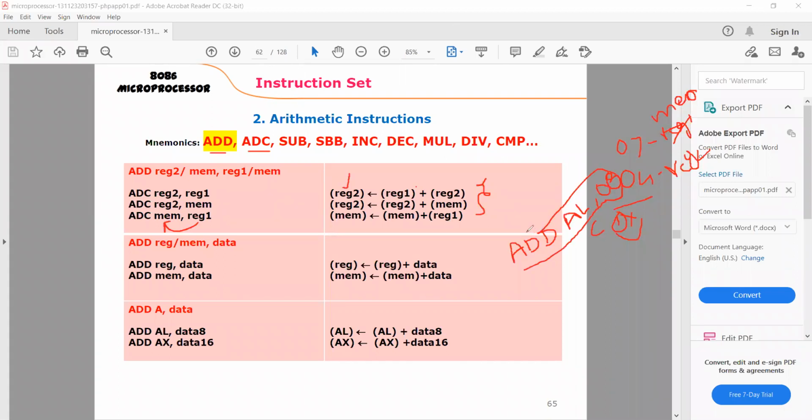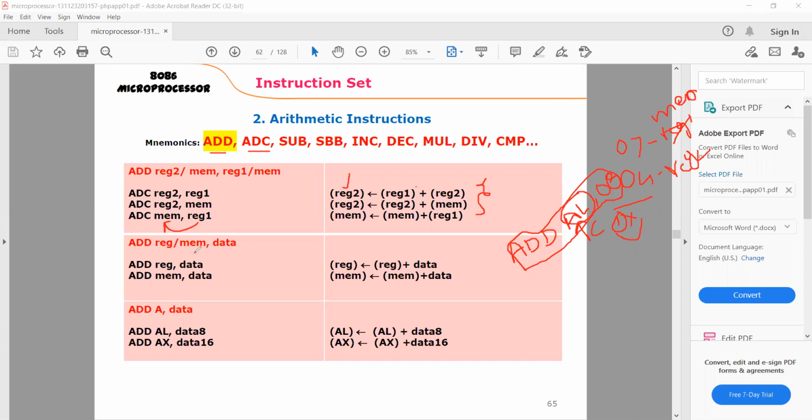So in this instruction, we are adding this 08, which is the direct data, to the data that is present in the AL register. The AL register will have 8-bit data only, because we are using 8-bit data here. Both the 8-bit data will get added and the result will be stored in this AL register itself, which is the destination operand.